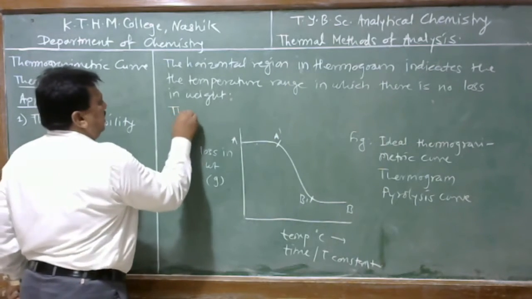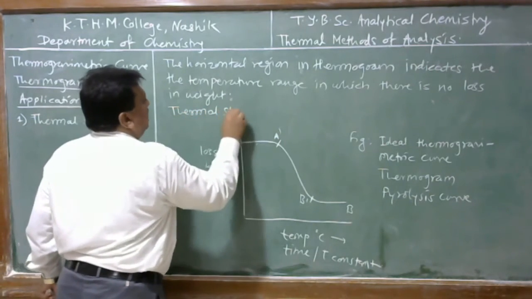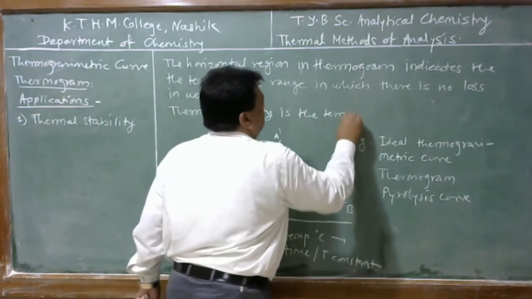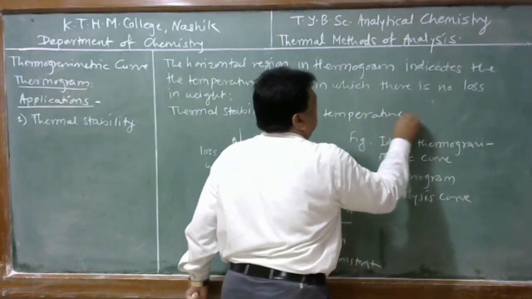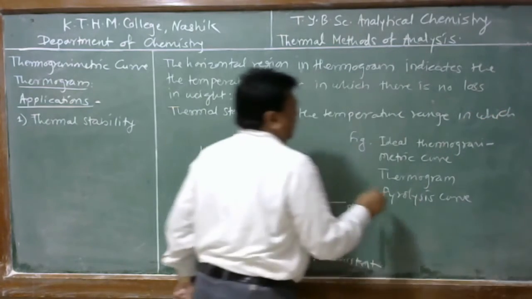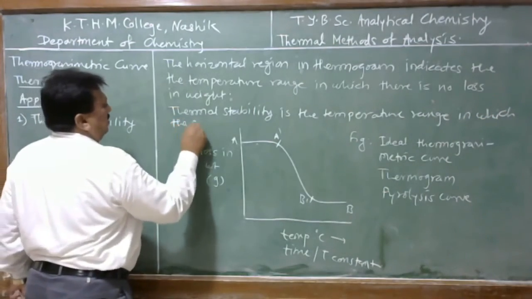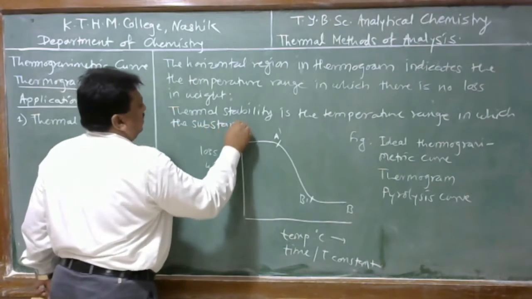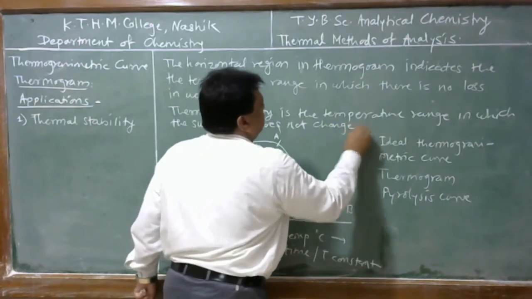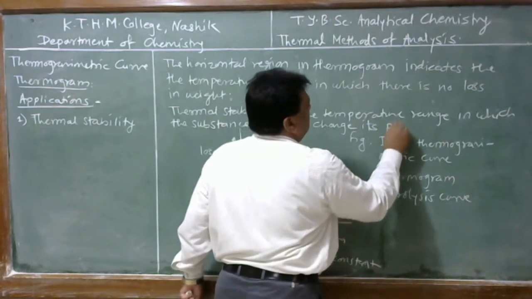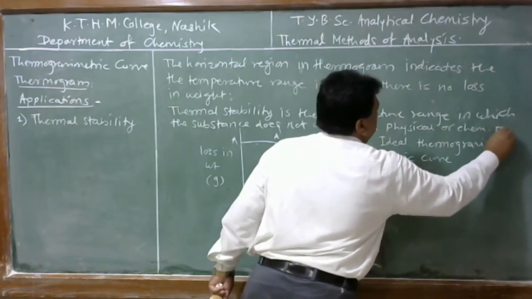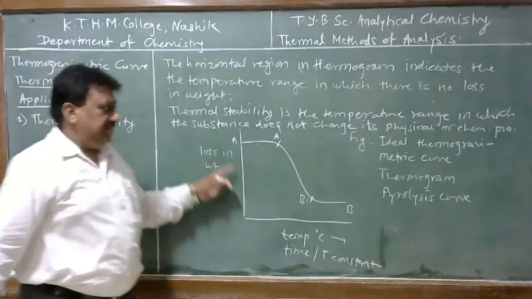Therefore, thermal stability is the temperature range in which a substance does not change its physical or chemical properties, and that is called thermal stability.